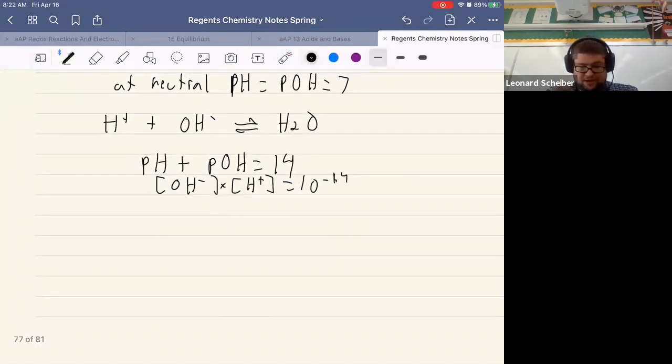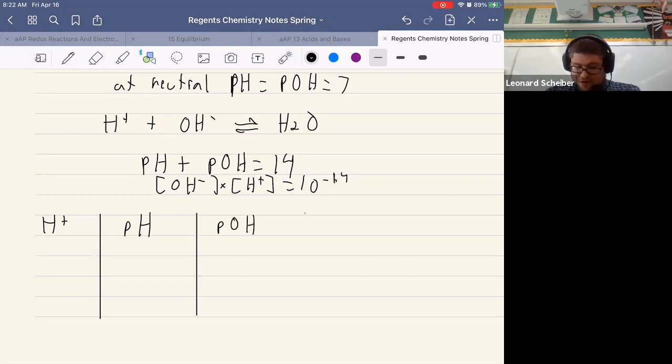Okay, we have H plus, pH, pOH, and finally OH minus. So let's say, sorry, these are concentrations in molarity. Let's say we have a concentration of H plus of 10 to the minus 3 molar.